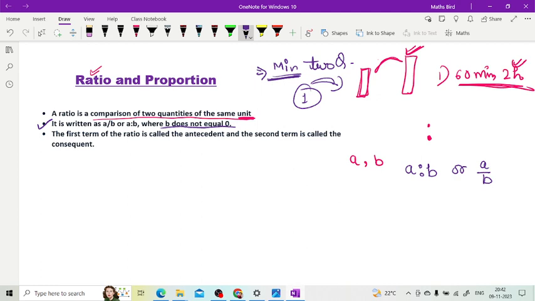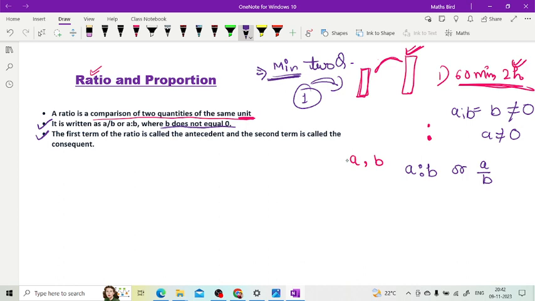So the first thing is, for the ratio, if I am saying A ratio B, then B will not equal 0. It means A will also not equal 0. Now the second most important thing is the first term.